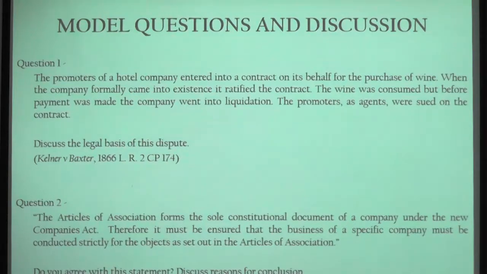In this case, the court decided that pre-incorporation contracts, though ratified later on by the company upon incorporation, would not be valid, and therefore the company would not be liable to pay the suppliers or the creditors.